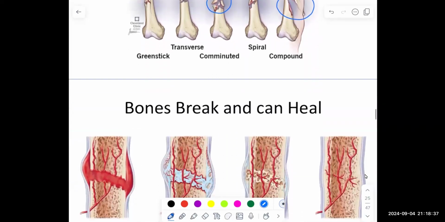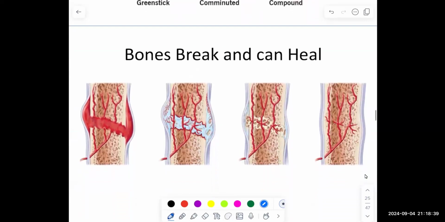because of how bones heal. Once they break, the bones have to be set. They have to be put back into the original place because of what happens first. You're going to get a pool of blood called the hematoma stage. So that's going to be filled with blood.